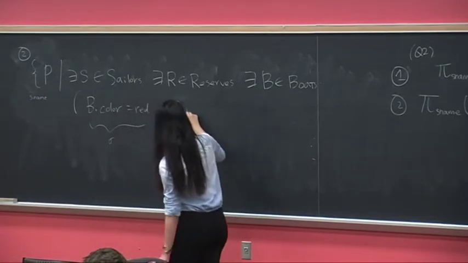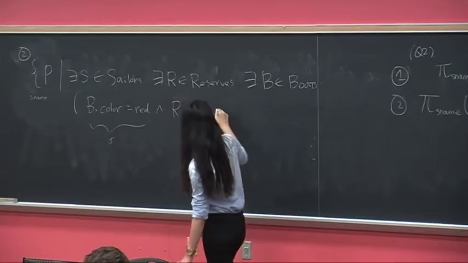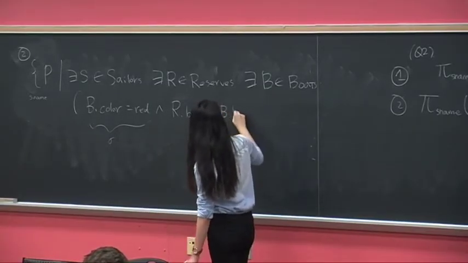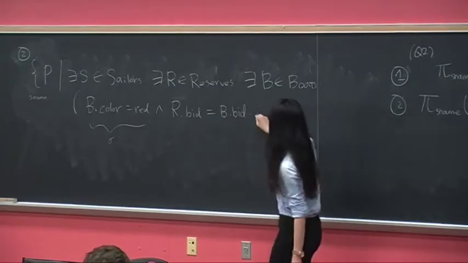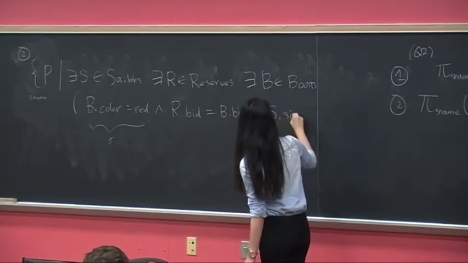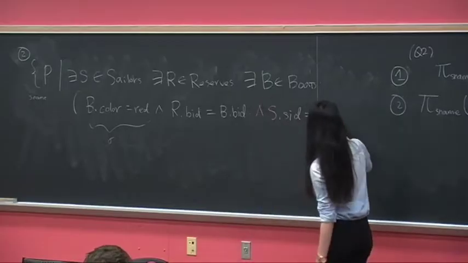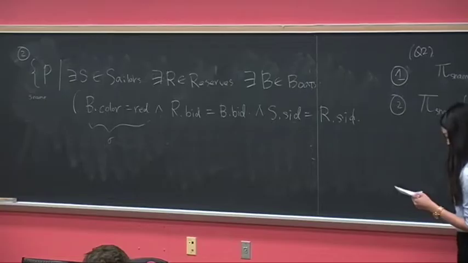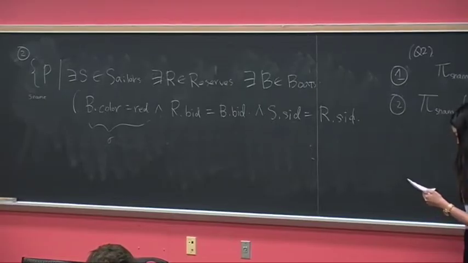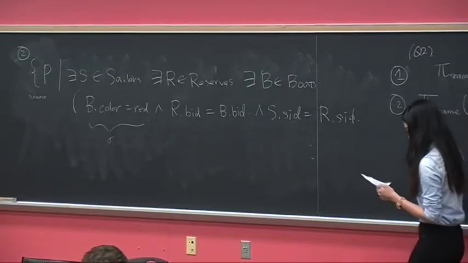R dot BID will be equal to B dot BID. Perfect. Anything else we're missing? No, that's for join.